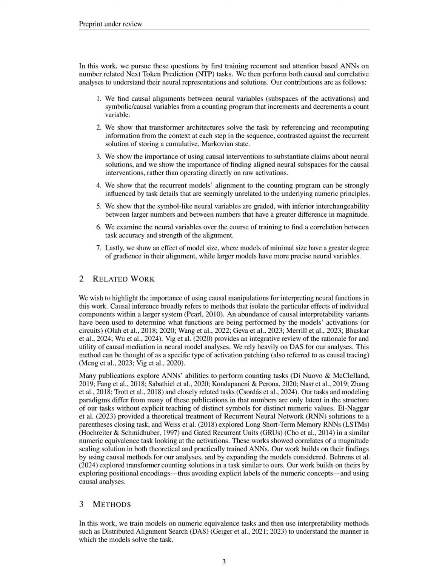For recurrent models, such as gated recurrent units, GRUs, and long short-term memory networks, LSTMs, the hidden state vector captures a Markovian state that accumulates information over time, allowing the model to store and update a cumulative count as it processes each token.